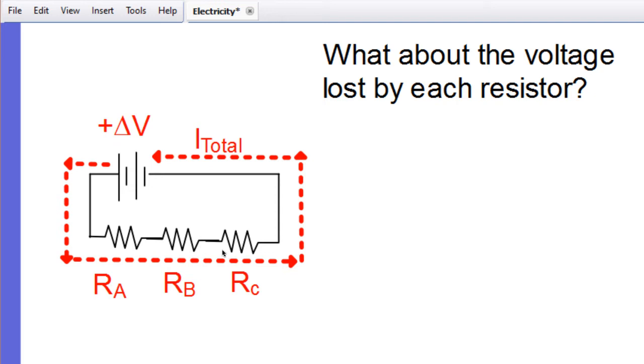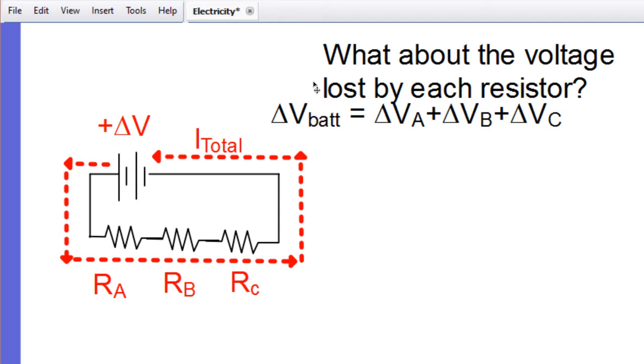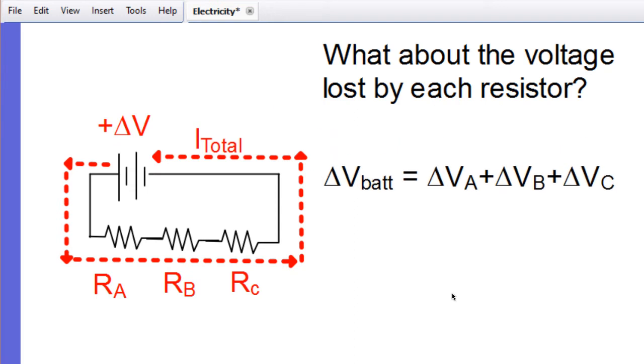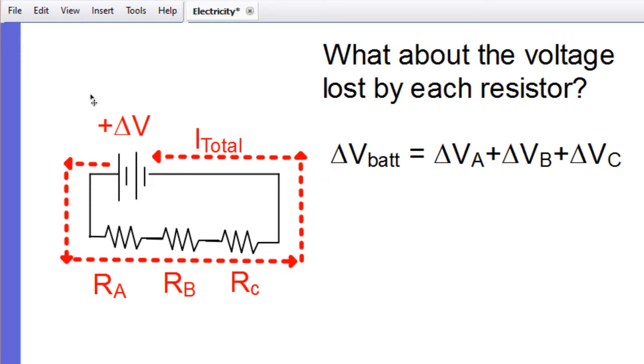Well, I don't know. I don't have enough information. The only thing I do know is that I end up spending all of it. That the voltage lost by A plus the voltage lost by B plus the voltage lost by C must equal the voltage gained by the battery. This right here, this is the loop rule. Any path has to have all your gains canceled out by all your losses.